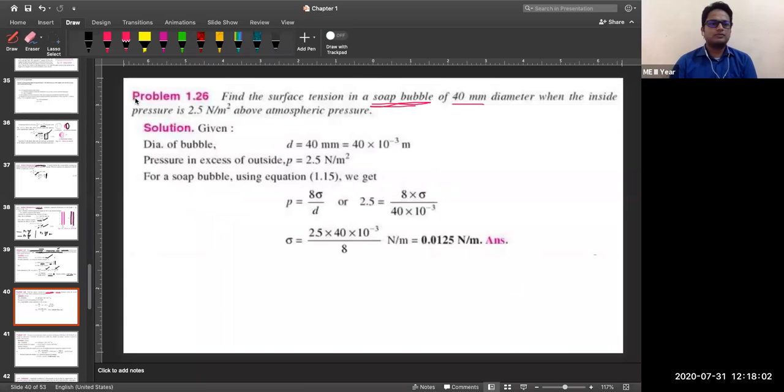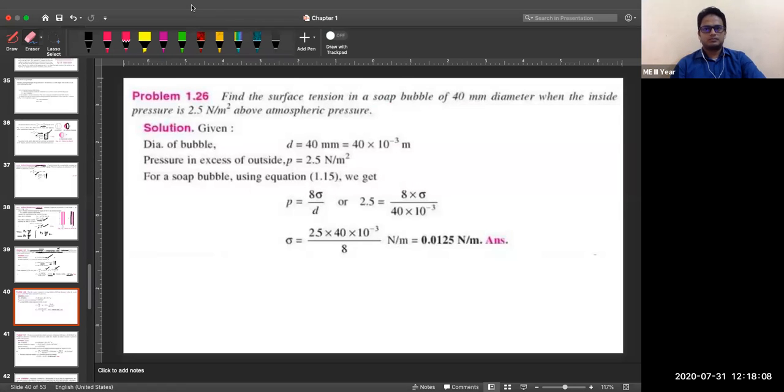The rest of the students who are not able to solve it can note down the solution. I'll give you 2 minutes. For the students who were not able to solve it, they can copy it.